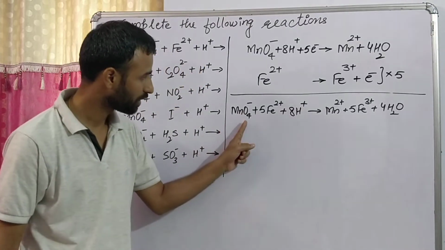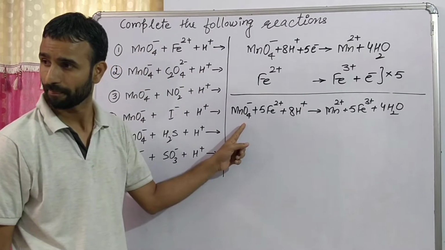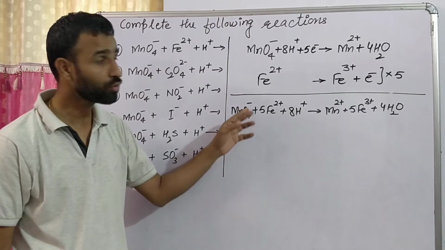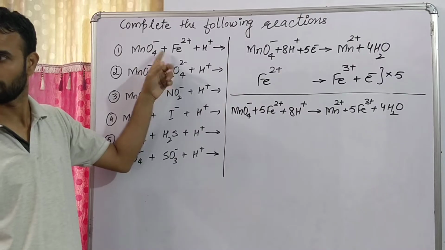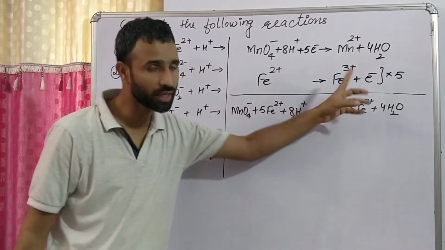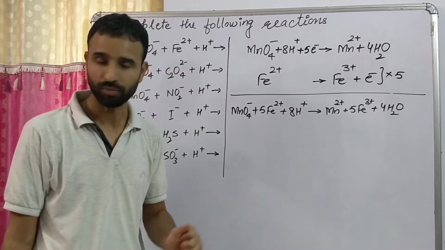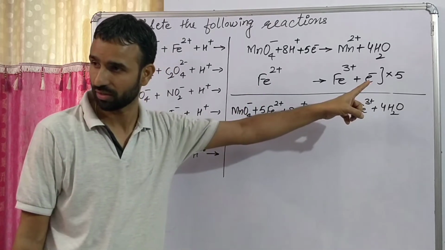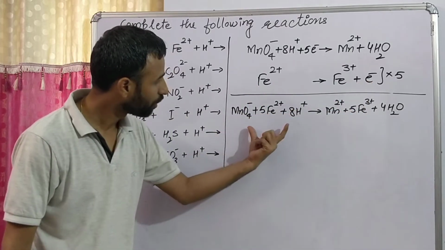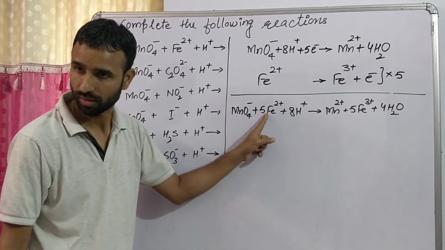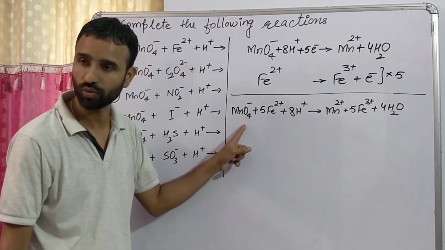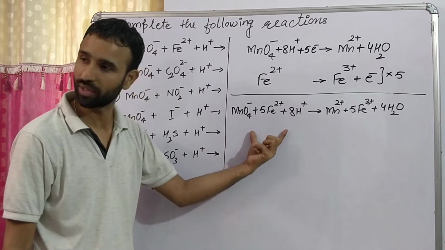In the first equation Fe2 plus is given, so we balance it like this, because Fe2 plus is oxidized. Left side: 8 plus, 10 plus, 18 minus 1, 17 plus.